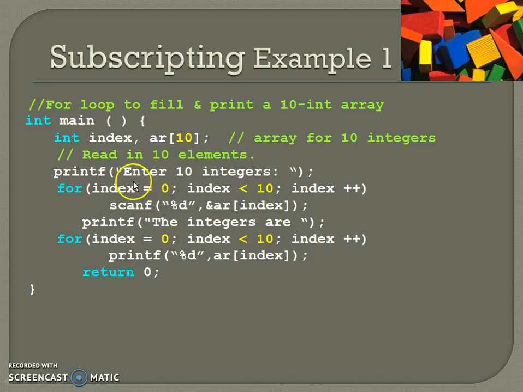We are asking the user to enter 10 elements, indexed from 0 to 9. We are scanning in 10 integers from the user. For this we are using a for loop. After getting all the elements, we are printing them using another for loop here.